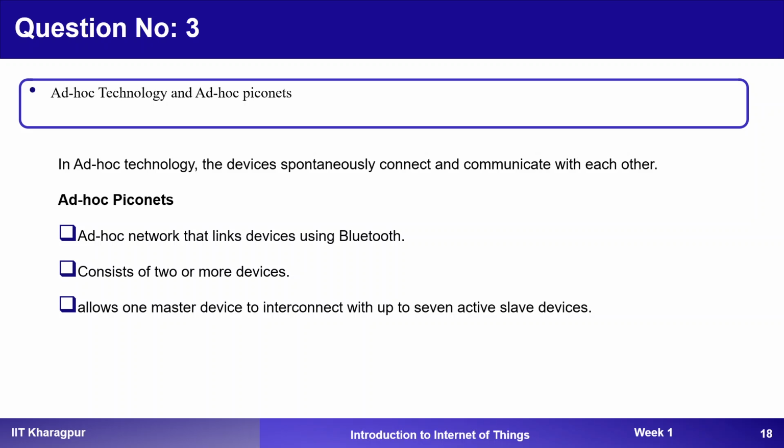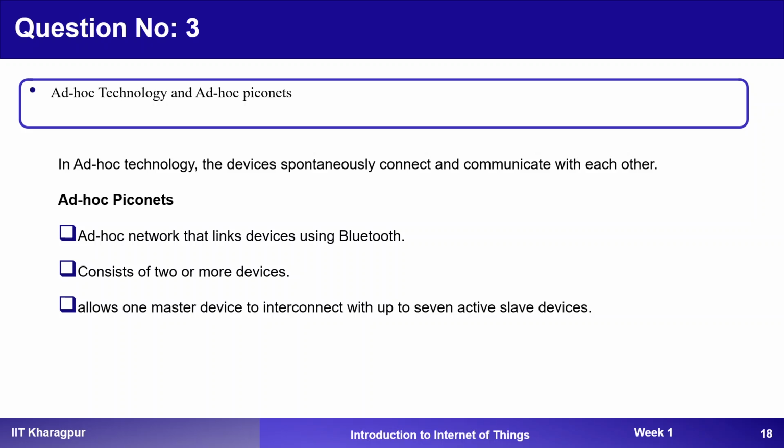Second one is ad hoc piconets. In Bluetooth there can be one master node through which various devices can connect. So basically, with one master node, 7 devices can connect at a time, and that group of devices, that is one master node and its slave nodes, is called an ad hoc piconet.